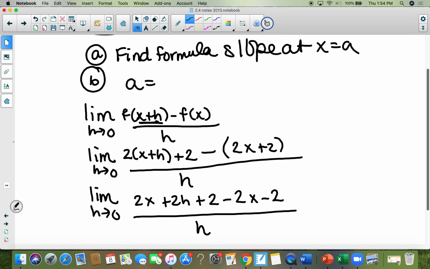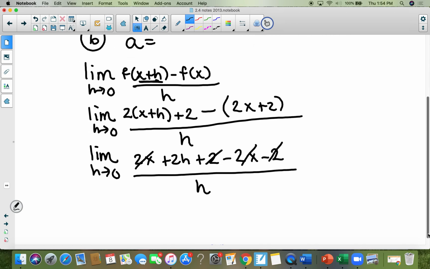The 2x and the negative 2x cancel each other out. The 2 and the negative 2 cancel each other out. And you know you're doing a calculus problem right and finding the derivative if everything left on the top has an h on it. This is a very basic one. It only had 2x plus 2 up there. So the h's cancel each other out.